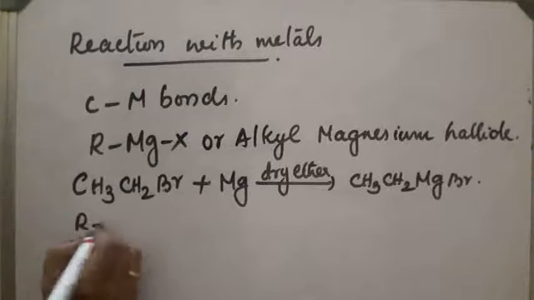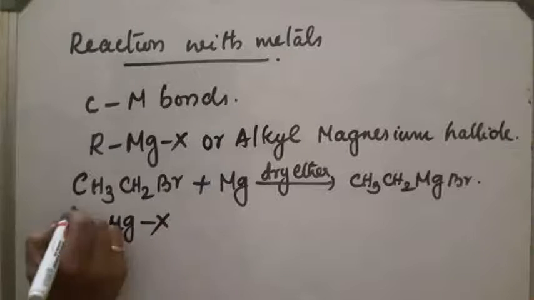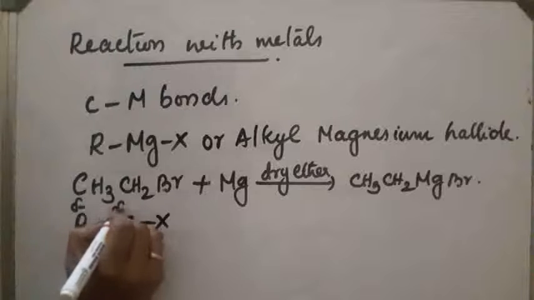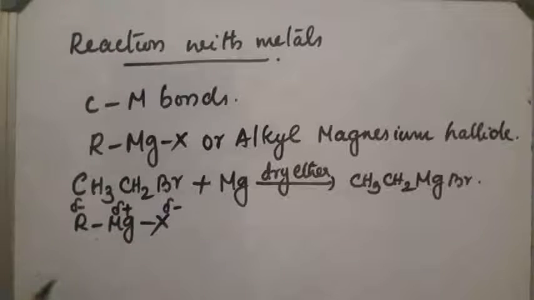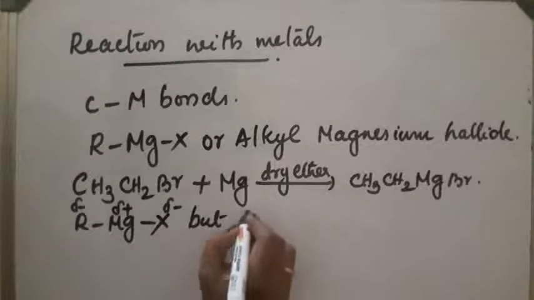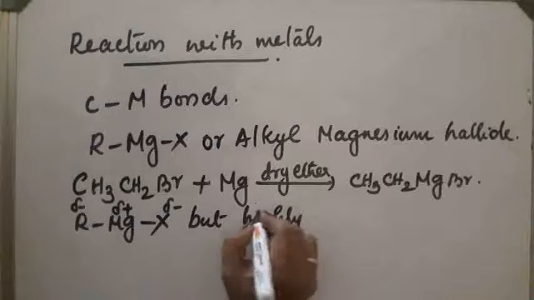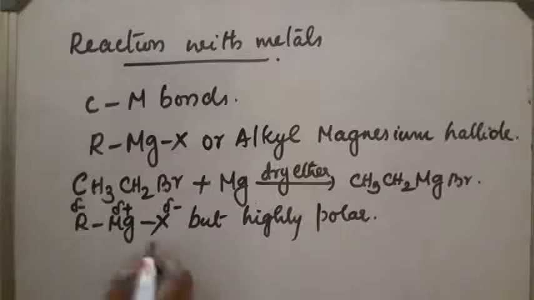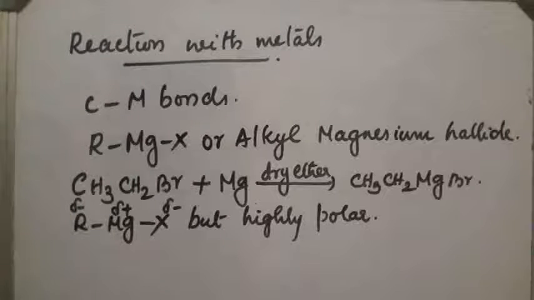Next, in the case of RMgX, there is a partial negative, partial positive, and partial negative charge. Here we can see that magnesium is partially positive. So the C-Mg bond is covalent in nature, but highly polar, with partial negative charge on the alkyl group and partial positive charge on magnesium. Since magnesium is electropositive, the carbon atom is slightly electronegative.